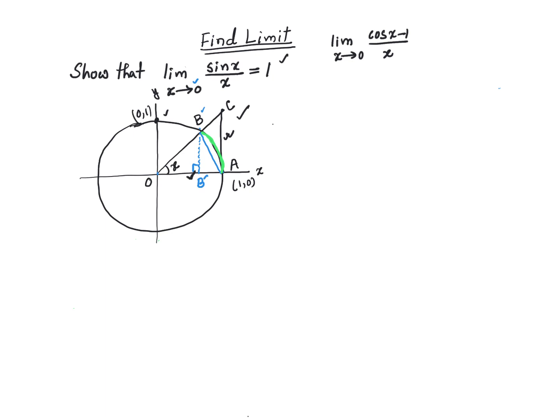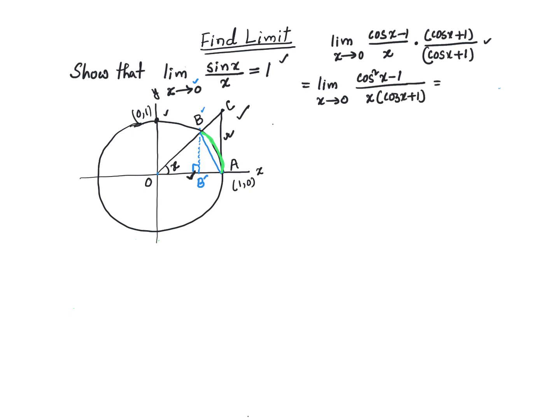What I'm going to do is multiply the numerator by cosine of x plus 1, divided by cosine of x plus 1. These are non-zero values, so we are okay. We are in the first quadrant. So that is equal to the limit as x approaches 0 of cosine square of x minus 1 divided by x times cosine of x plus 1.